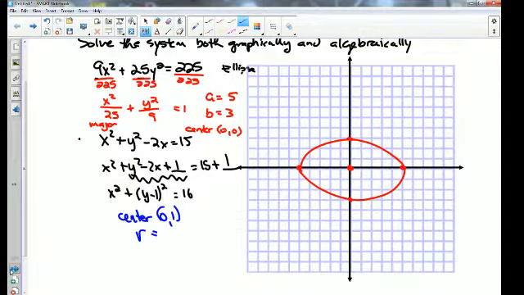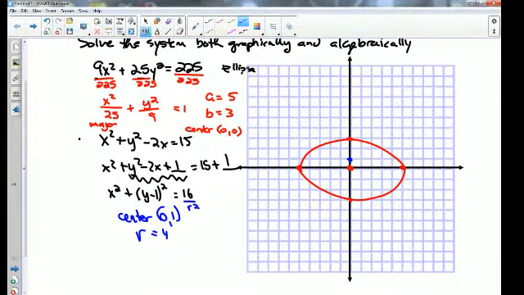What's the radius of that circle? Okay, this is r squared. So the radius is 4. Yep. All right, so 0, 1. Correct? Yes.